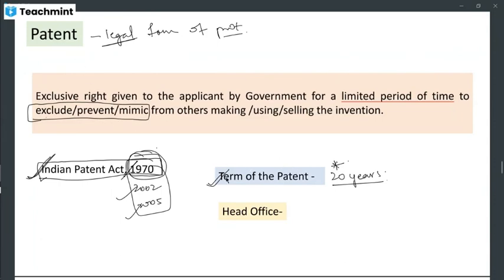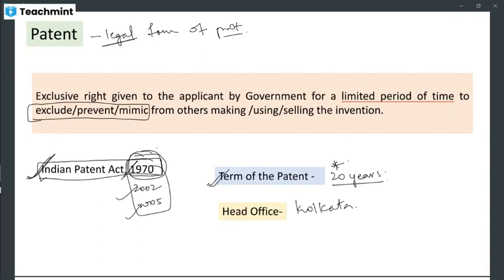In India, the patent term is only 20 years according to the Indian Patent Act 1970. The patent head office is located at Kolkata. So this is the thing about your patent: the term is only 20 years, according to the Indian Patent Act 1970.